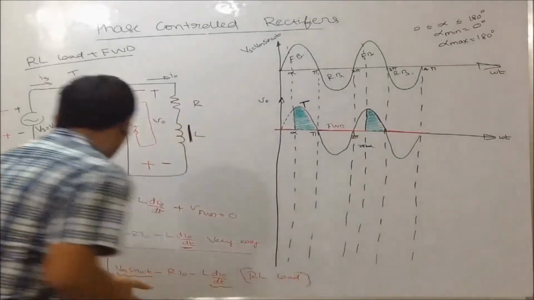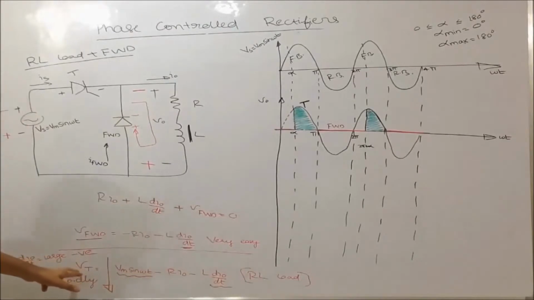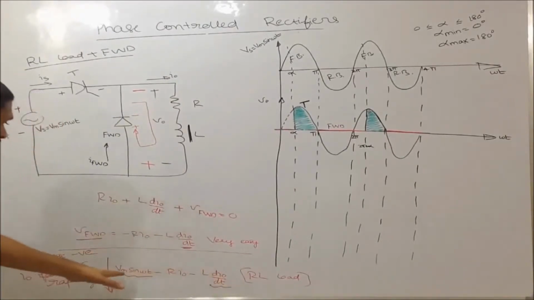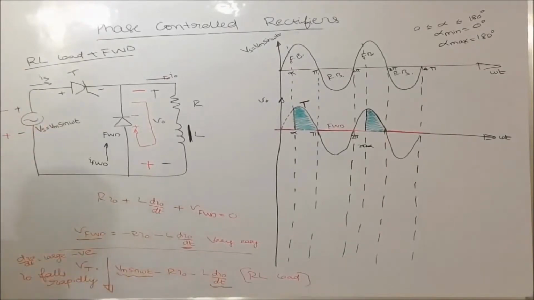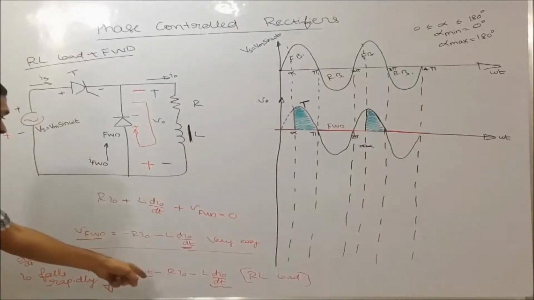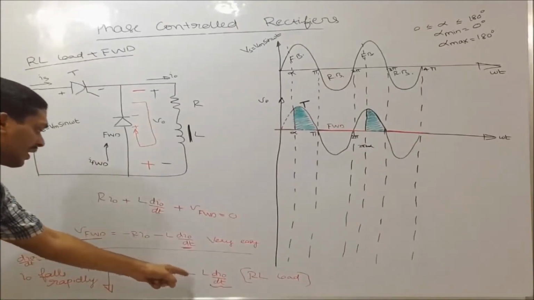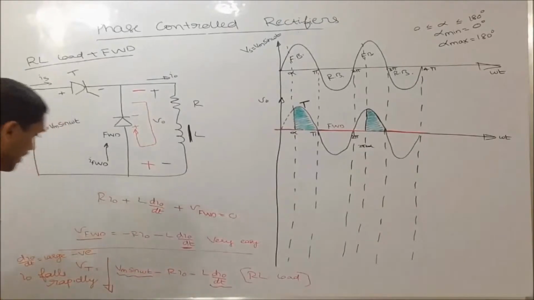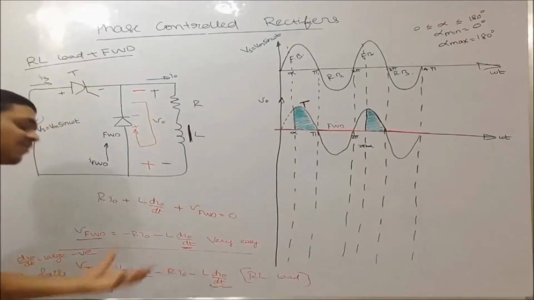Earlier, in the RL load, the voltage across the thyristor is maintained or balanced through this equation. When it is conducting, the voltage across the thyristor has to be 1 volt, and that is equal to Vm sin omega t minus R into I naught minus L into di naught by dt. This term has to be 1 volt.